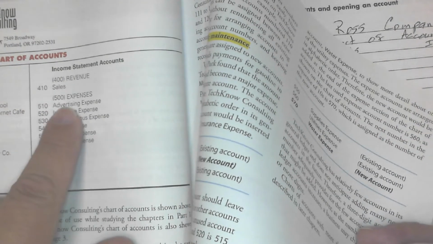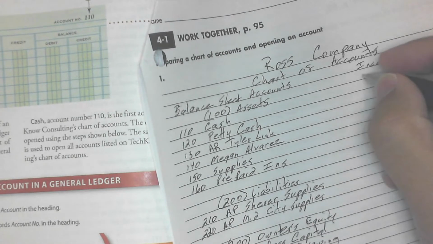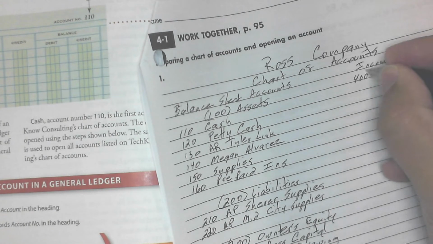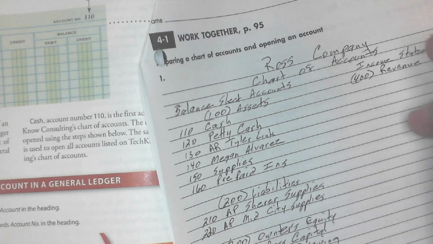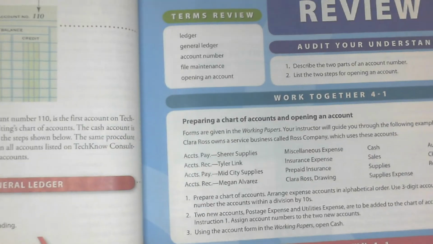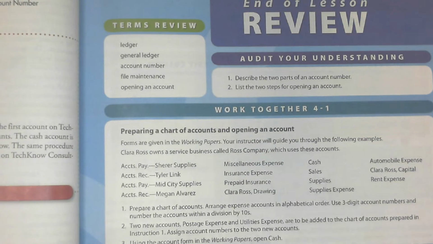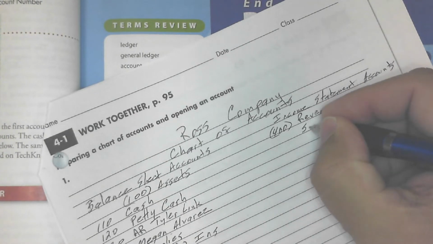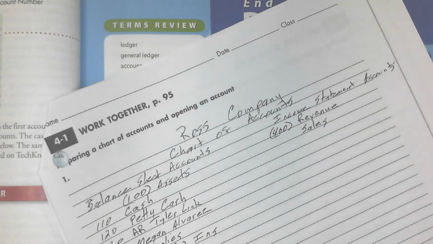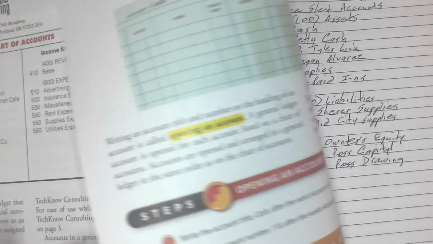We got revenue and our expenses. So 400 revenue, and that's going to be sales. So here's our sales. That's it for revenue.